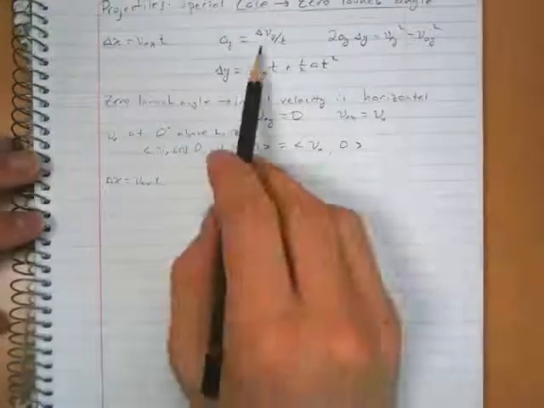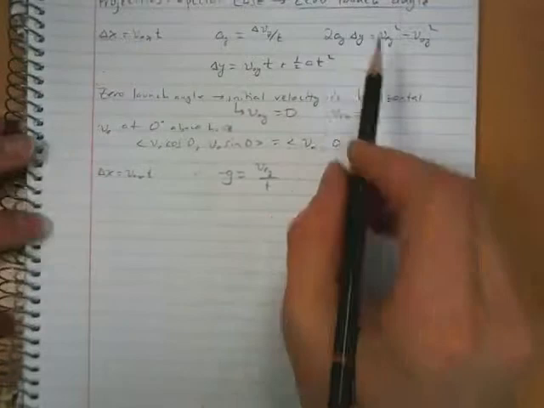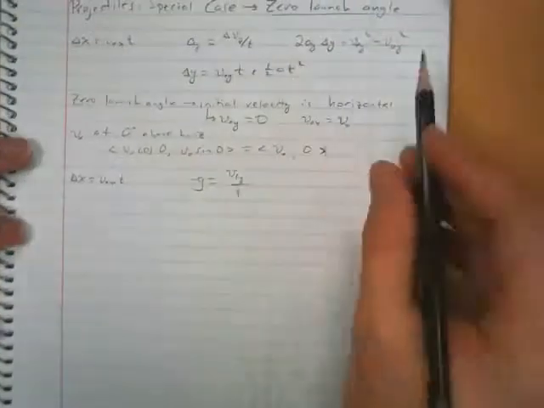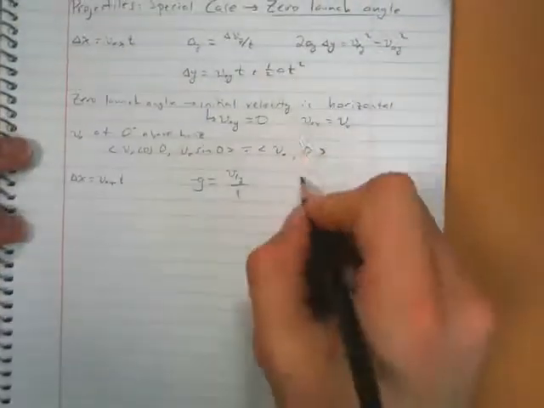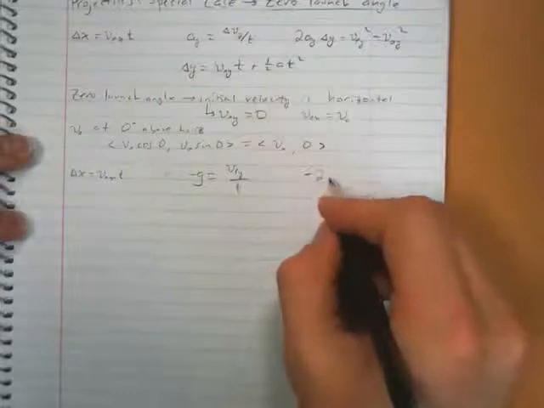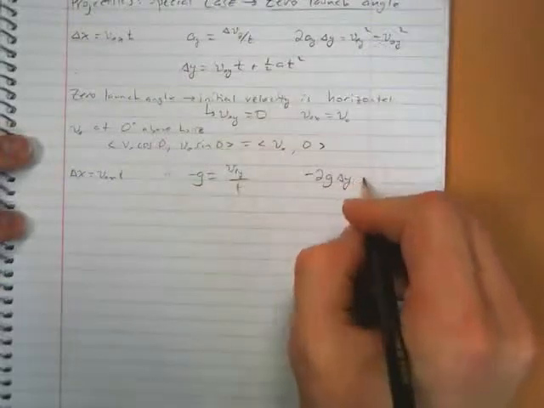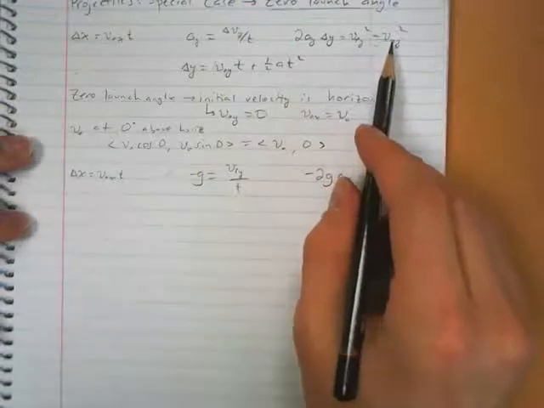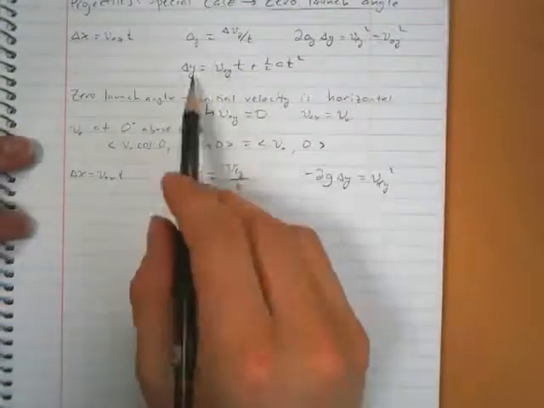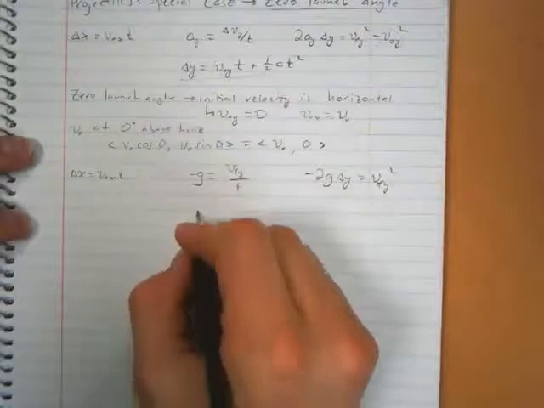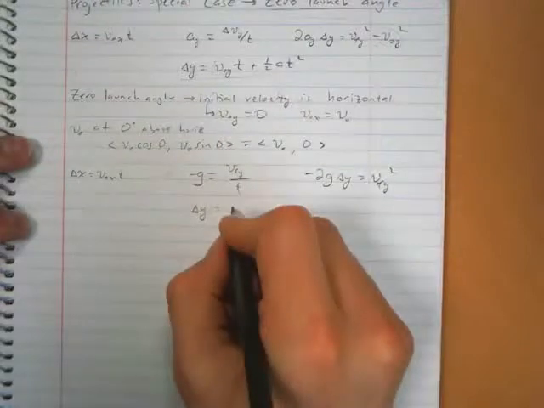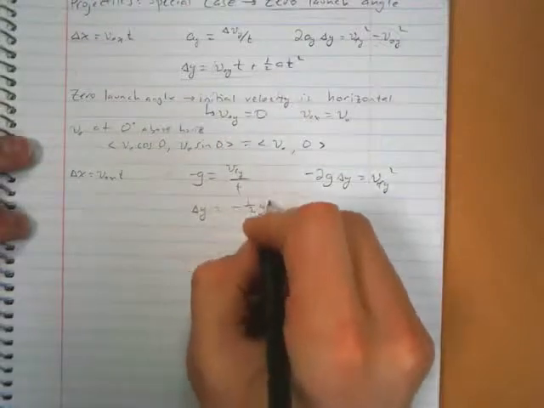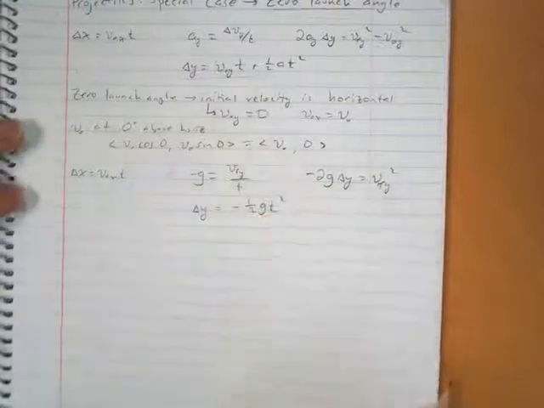So the acceleration equation reduces to this. Our time-independent equation is 2 times the negative g, so I'll put the negative out front, negative 2g delta y equals v final y squared minus 0. And maybe most importantly, the time-dependent equation becomes delta y equals minus 1/2 g t squared.